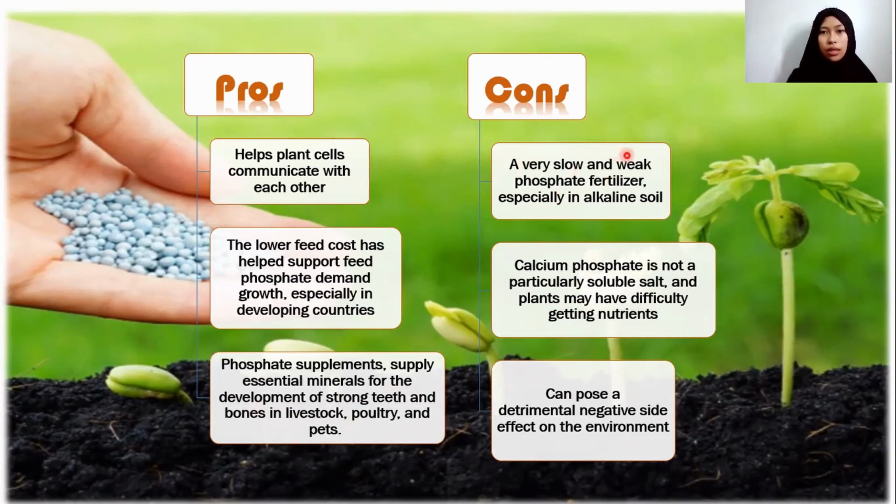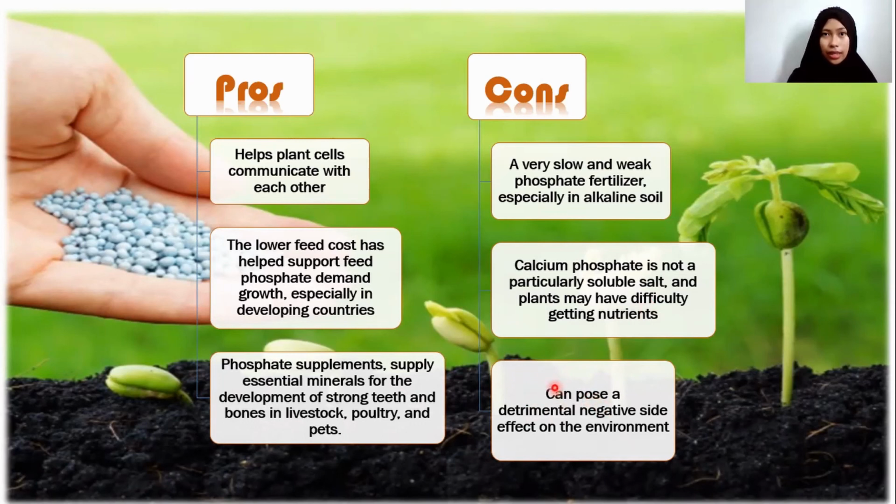And for the cons, calcium phosphate is a very slow and weak phosphate fertilizer, especially in alkaline soil. It's essentially unavailable there, but it's more available in acidic soil. And second, calcium phosphate is not a particularly soluble salt, and plants may have difficulty getting nutrients. Depending on the circumstance, it might be better to fertilize separately with rock phosphate and lime.